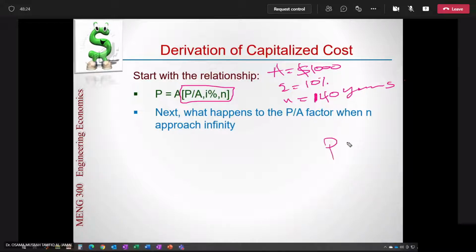Find P. How much will it be? Use your calculator to do that. It gives 9,999.98.